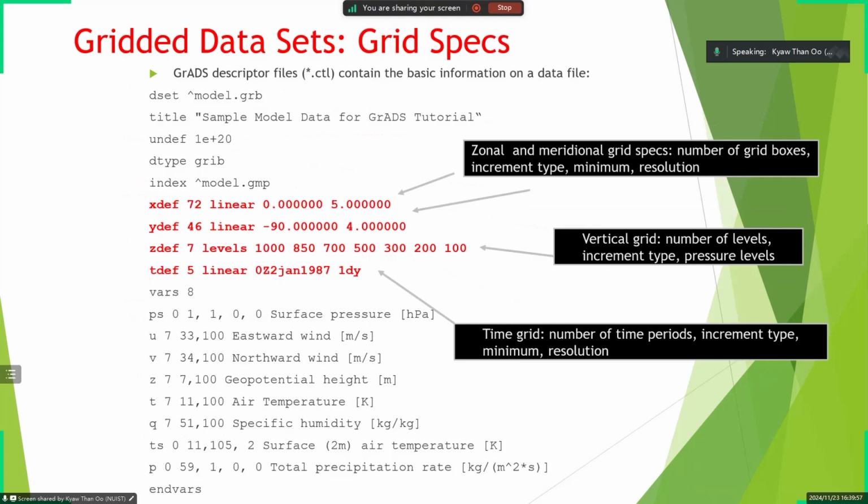And here is also the time dimension. How many time steps? We will have five time steps. It starts at 0 Zulu, 2nd January 1987. Its interval is 1 day. Okay, this is the dimension information.